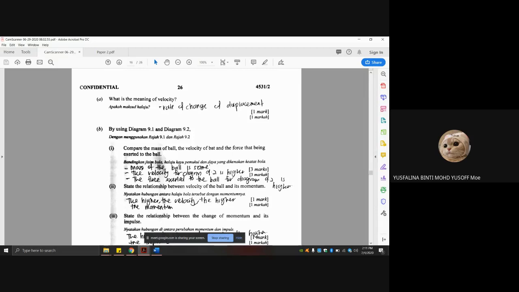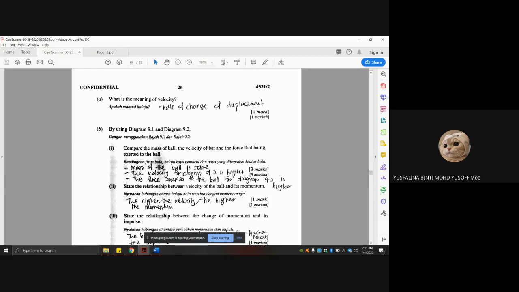So if you do it in point form, it is easy for the teachers to mark. You know this is the first one, the second one, the third one, so it is much easier. So we know 3 marks means 3 points. For 1 point, 1 mark.